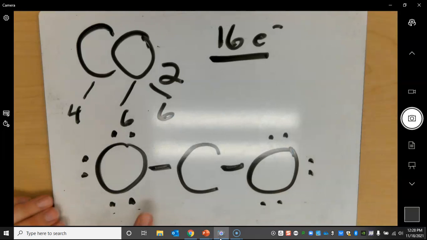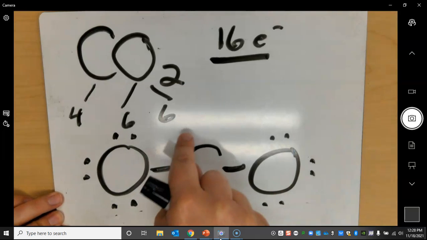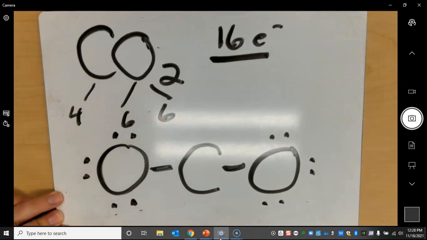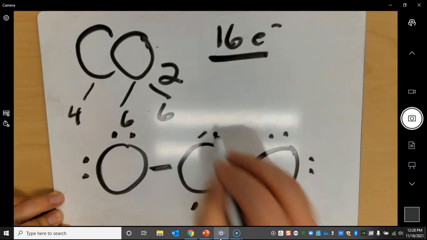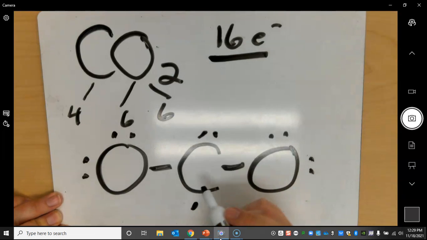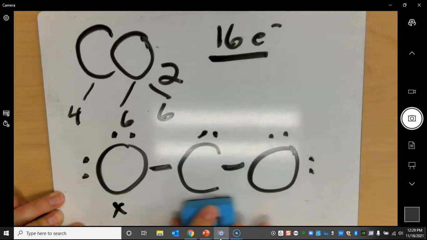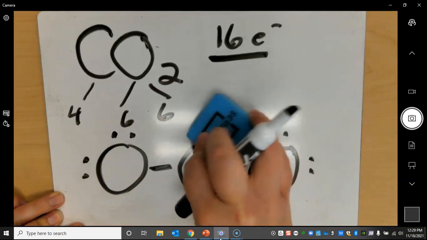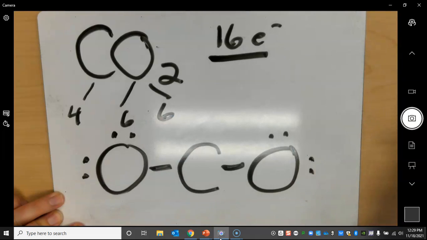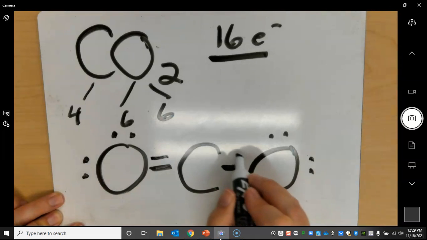Now, I could say, all right, well, I can't add any more electrons, so I can't just add extra electrons to carbon. I could take these electrons on oxygen and give them to carbon instead. But that creates a new problem because now carbon is satisfied, but oxygen is not. So rather than doing that, my solution when I don't have enough electrons to satisfy every atom is to use double bonds.